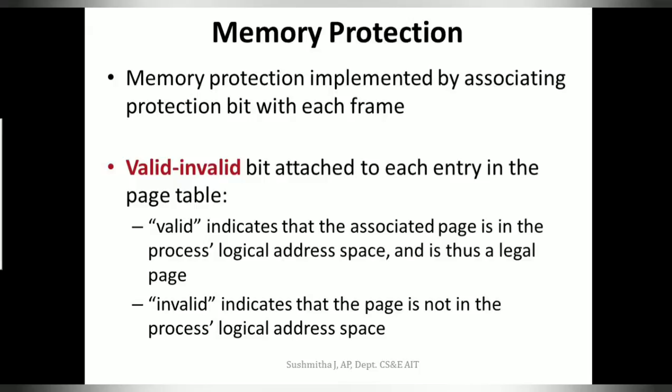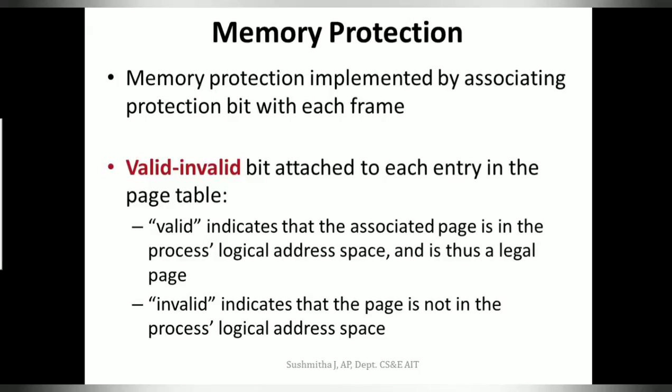So what is the memory protection that we are addressing here? Now when we started with the example of paging, we said each process could be allocated a set of pages, and these pages are further mapped into frames.